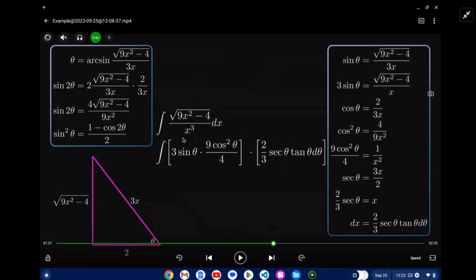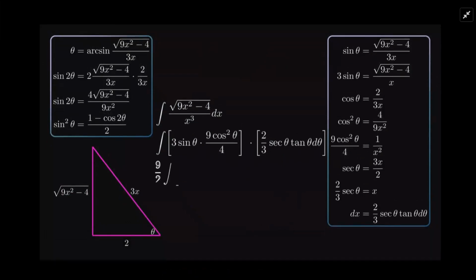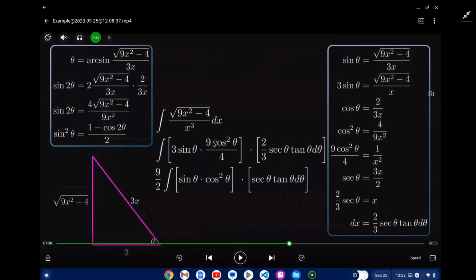So that makes the fraction. Then we have dx, this square bracket. To simplify this, I'm going to write everything in terms of sines and cosines. I moved the constant outside. Is that correct? Yeah, it should be 9 over 2.